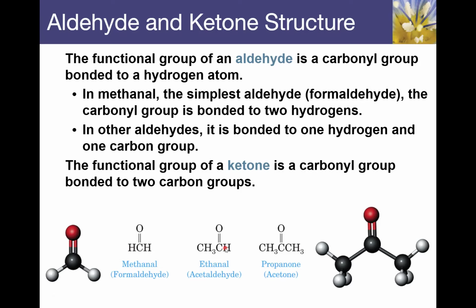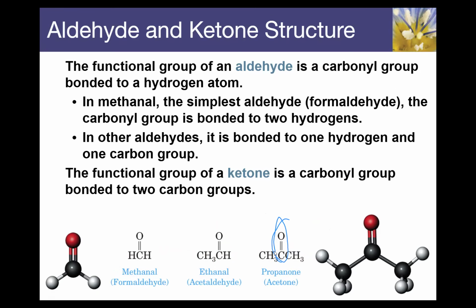Any aldehyde larger than ethanal has more carbons bonded to it. So it'll have a chain of carbons over here, and you end with this hydrogen and this oxygen here. Now, the functional group of a ketone just has the carbonyl group, the carbon double bonded to an oxygen.